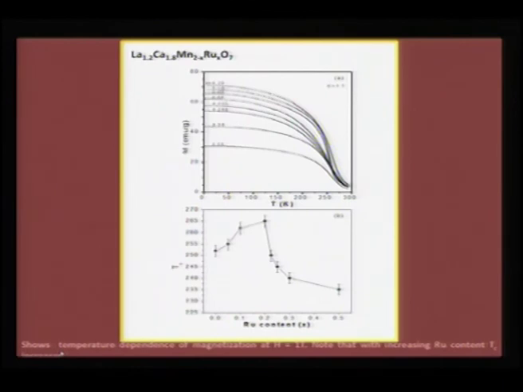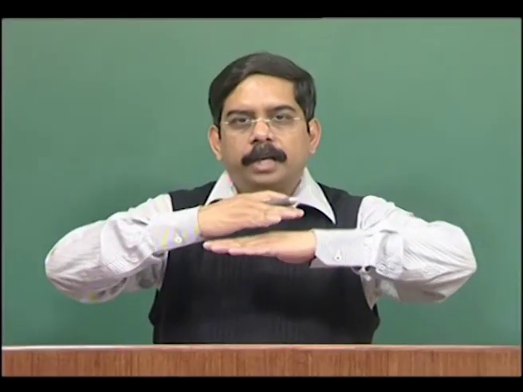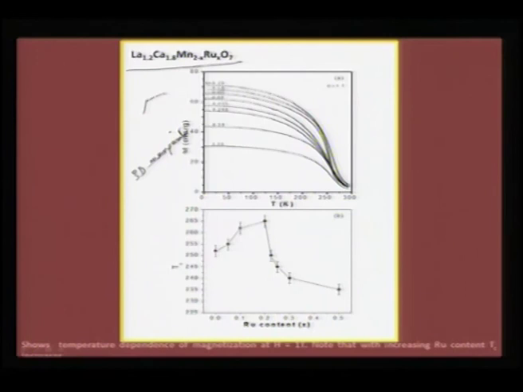And not only in these 3D perovskites or 3D manganates, if we take any 2-dimensional layered manganite like La1.2Ca1.8Mn2-xRuxO7, you actually have this collinear ferromagnetism which is confined only in the AB axis, and along the C axis it is not possible.